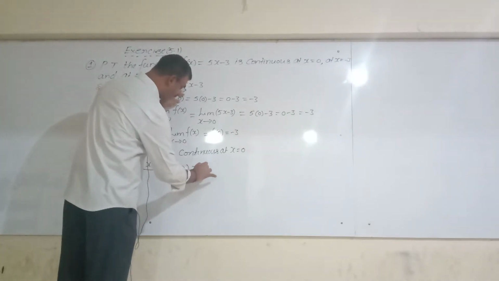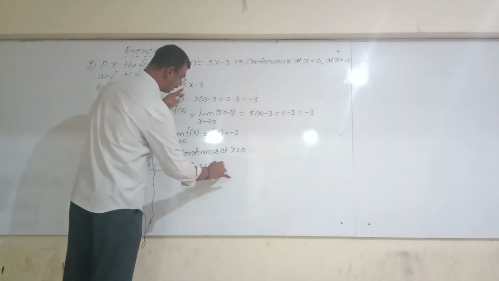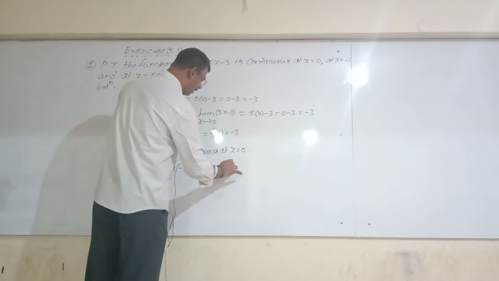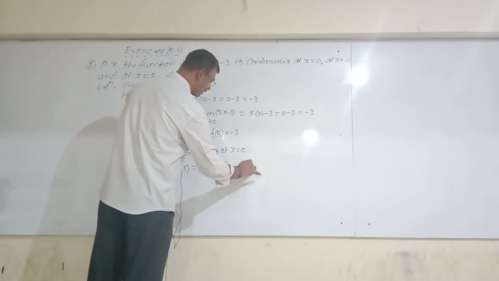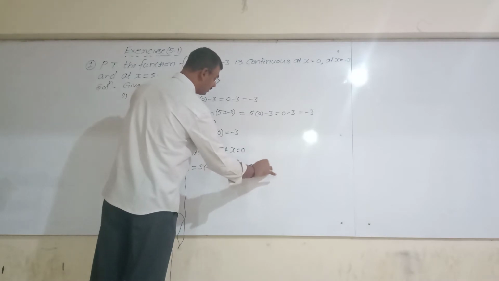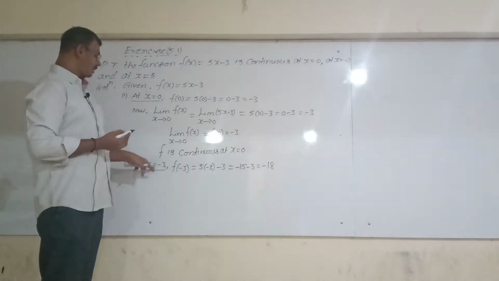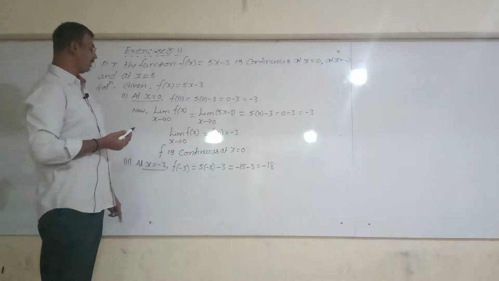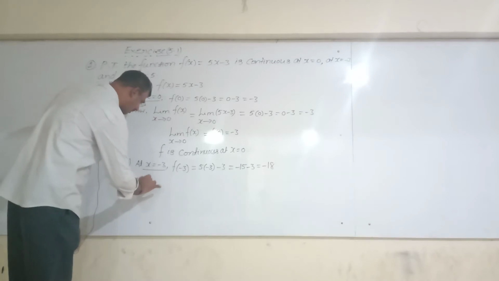That is 5 into minus 3 equals minus 15 minus 3 equals minus 18. This is f of minus 3. Now we have to find the limit.